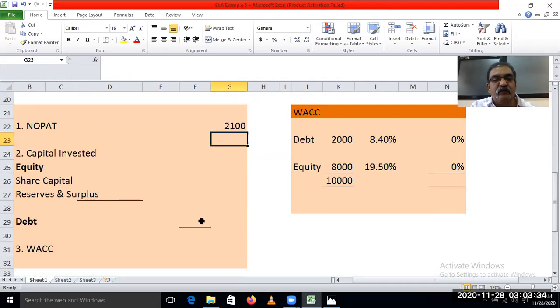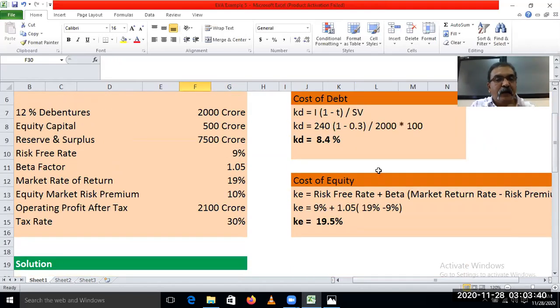So debt amount is rupees 2000 crore. Next, equity capital is given 500 crore and reserve and surplus is 7500 crore.